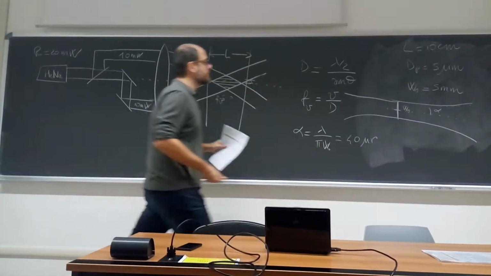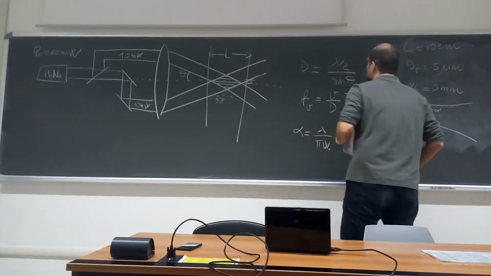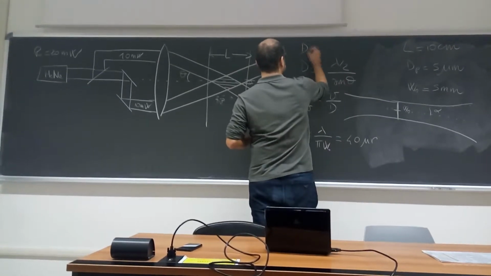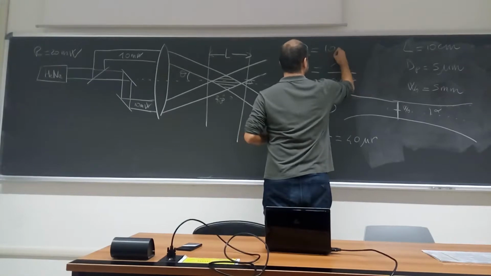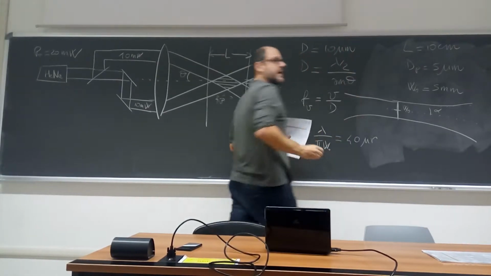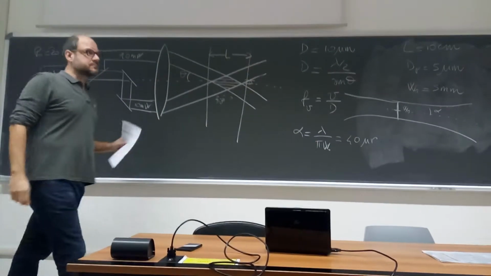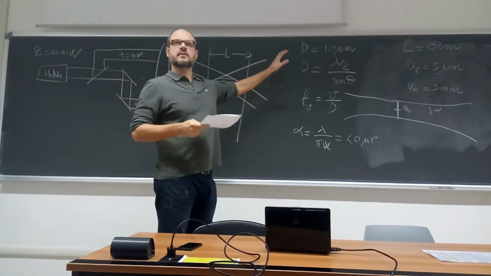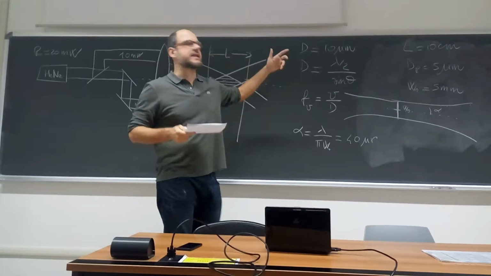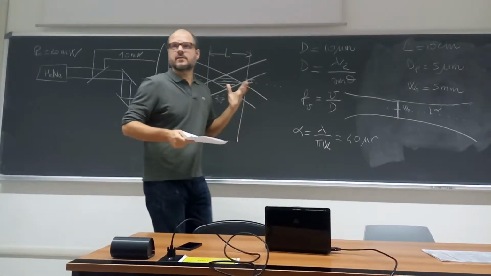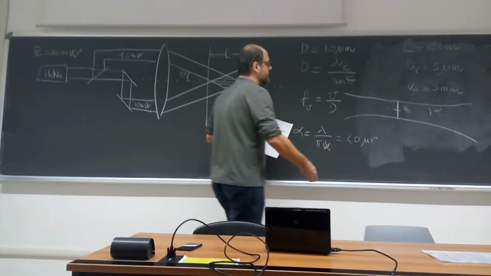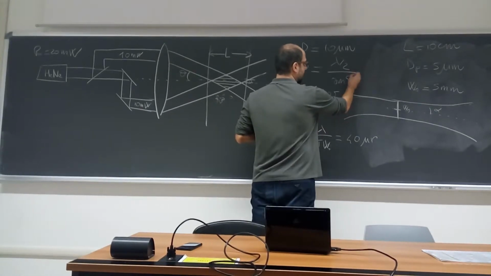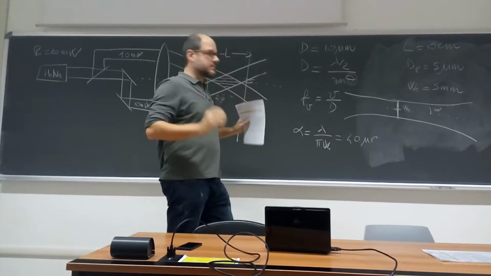So we want to build up an instrument that has a d equal to 10 micrometer. What does it really mean? It means that we need to find out what is the angle theta.